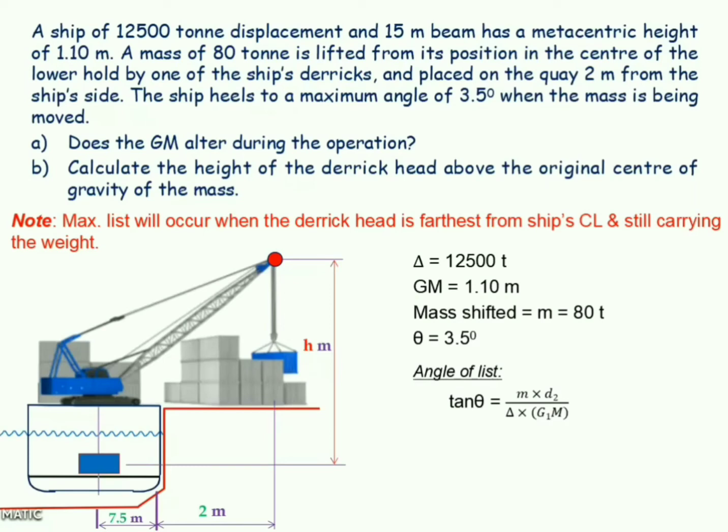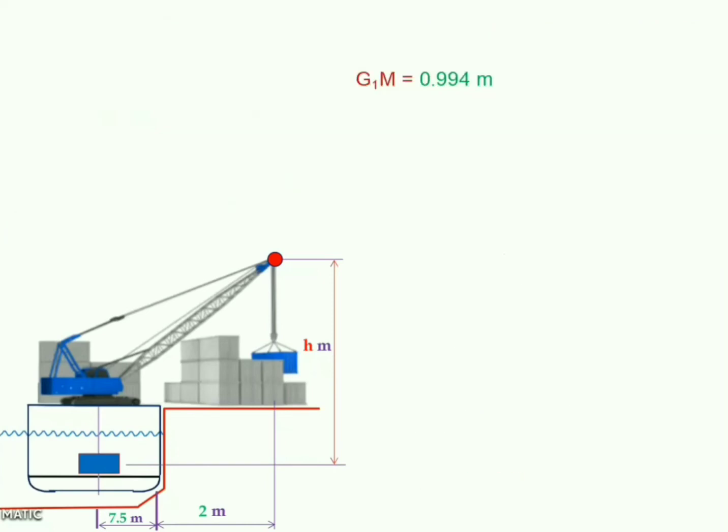Well, now substitute theta equal to 3.5 degrees, m equal to 80 ton, d2 equal to 7.5 plus 2, and delta equal to 12,500 ton in the above expression. Solving it for G1M gives us 0.994 meters.